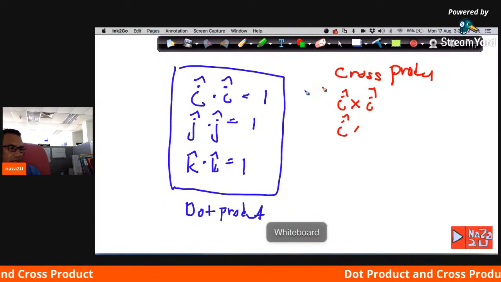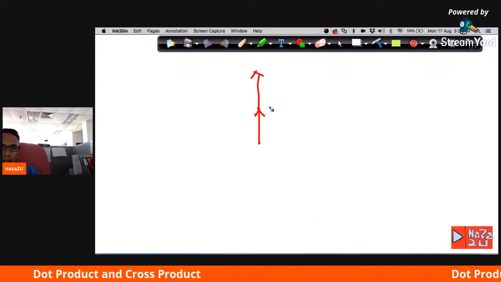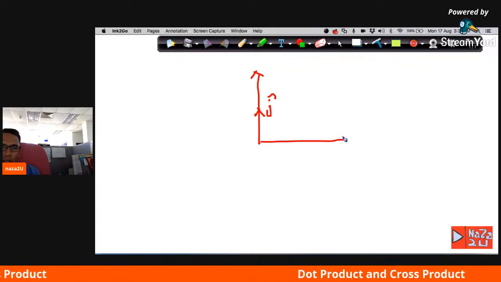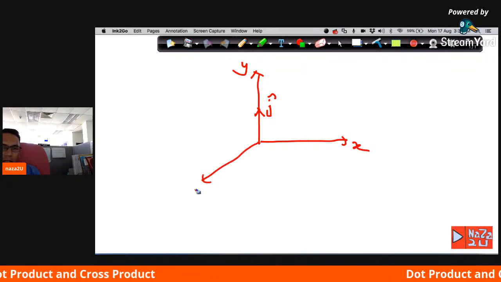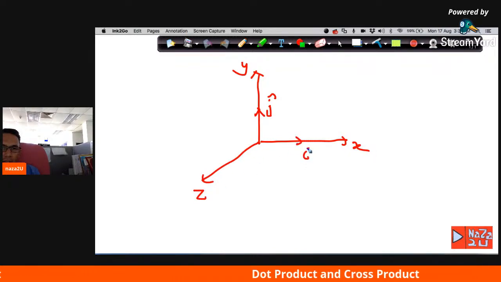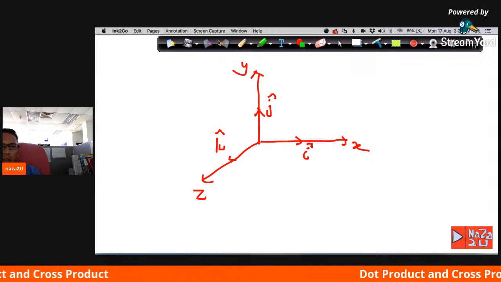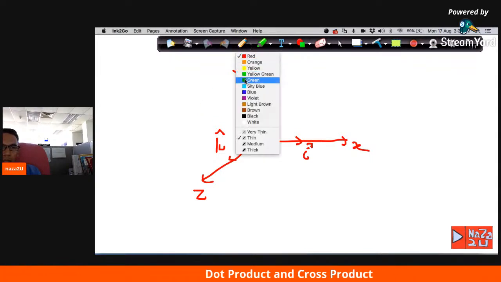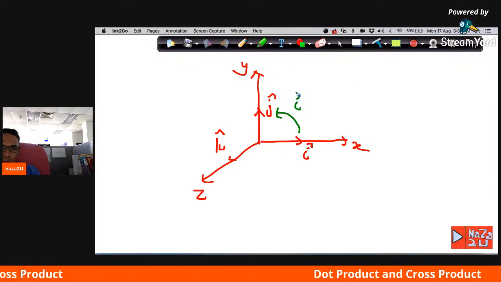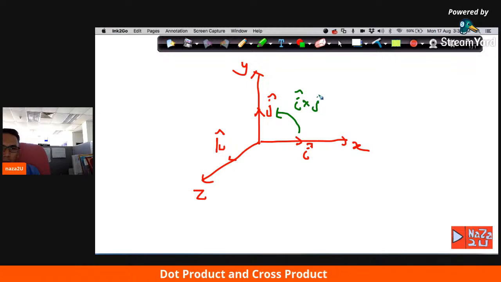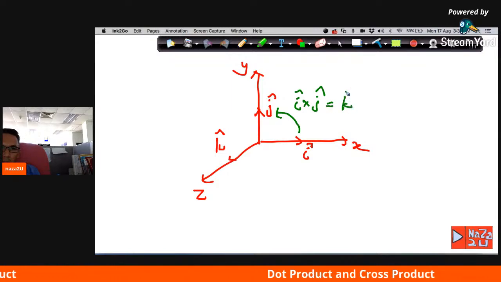If I draw it here, this is a unit vector, this is vector J, and this is Y, this is X, and this is Z. So this is unit vector I, and this is K. So for the cross product of unit vectors, first is I cross J, vector I cross vector J, which is equal to K.